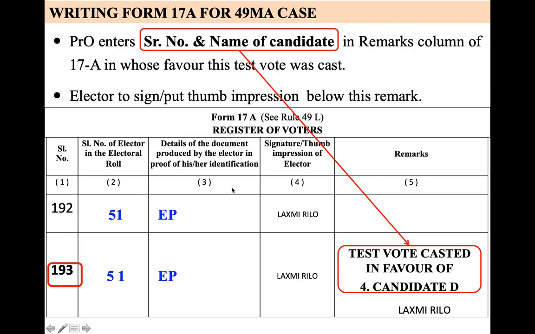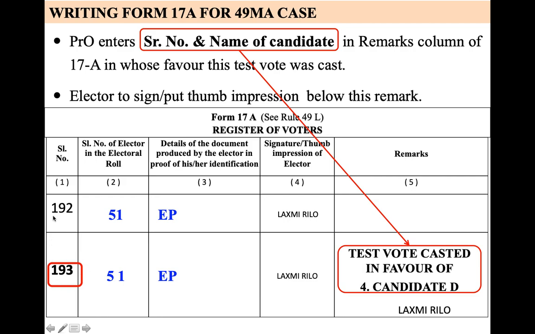Lakshmi Relo complains that the vote she cast in the ballot unit and the paper slip in the VVPAT don't match. In that case, she will be allowed to cast her vote again and a second entry will be made.